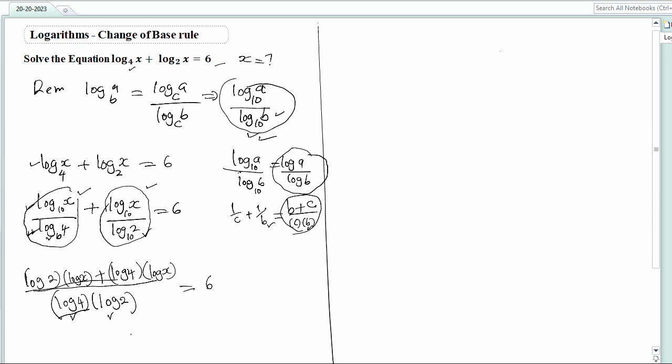To simplify this further, I'm going to multiply both sides by log 4 log 2.